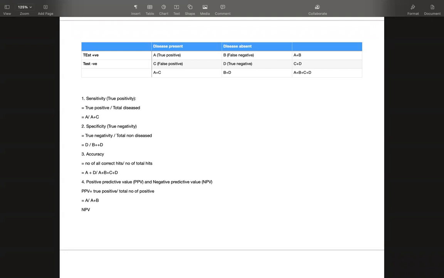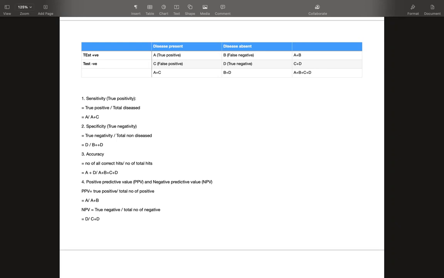Similarly, what is NPV? It gives you the information about the chance of not having the disease if tested negative. It is true negative divided by total number of negatives. True negative is D, divided by the total number of negatives, C plus D. Is it clear?